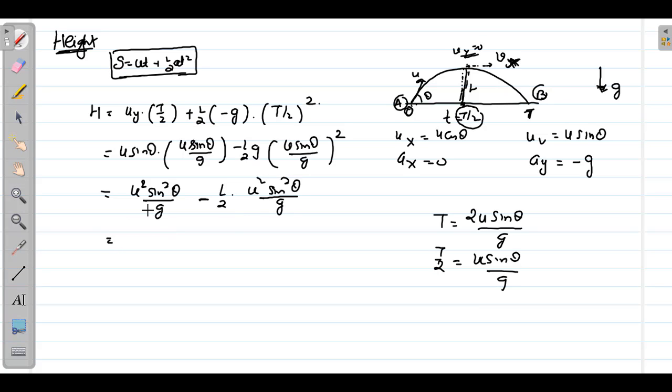That means 1 of u square sin square theta by g minus half of u square sin square theta by g, so we are left with u square sin square theta by 2g, that is 1 minus half, that is half.